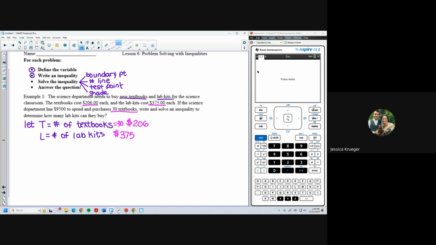The other thing that you need to keep in mind, and this is sort of an aside, to find a total cost, you have to take the number of items and multiply it by the cost per item.